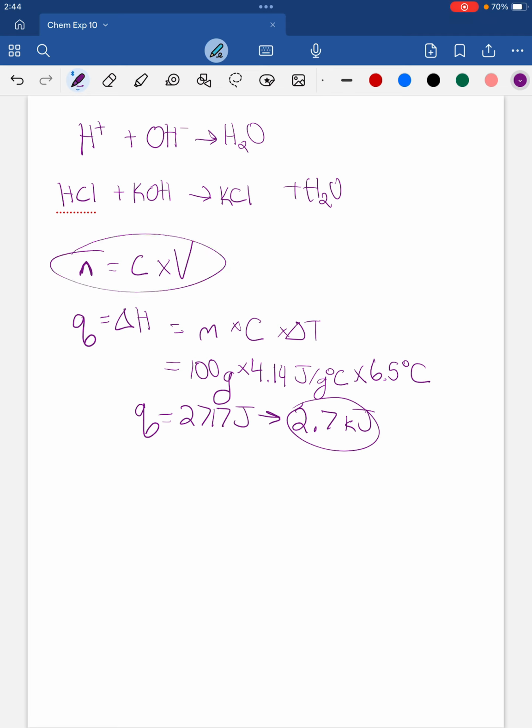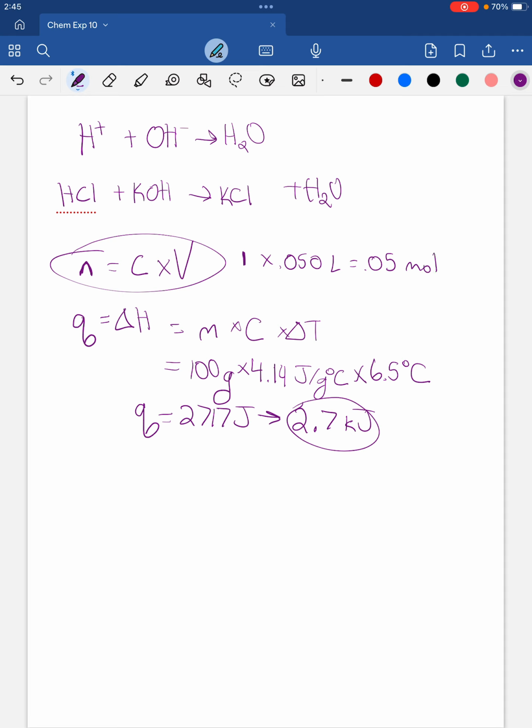If we go back here, concentration is going to be 1 because it was a 1 molar solution, and volume is going to be 50 milliliters, so it's 0.050 liters, we need to convert it, which equals 0.05 moles.